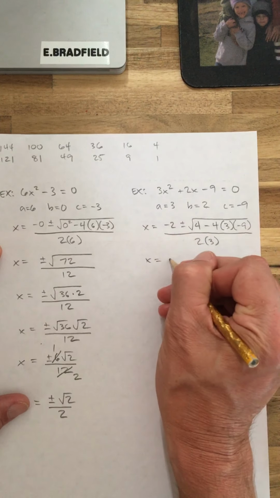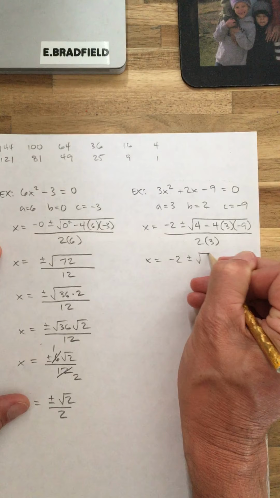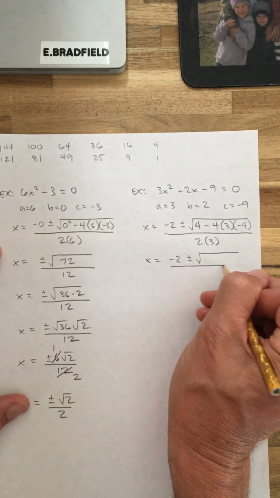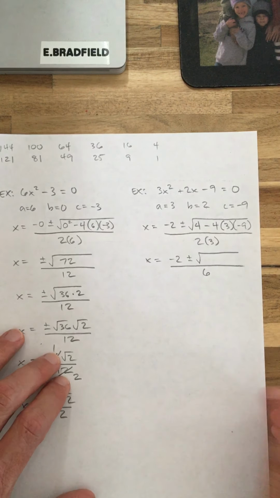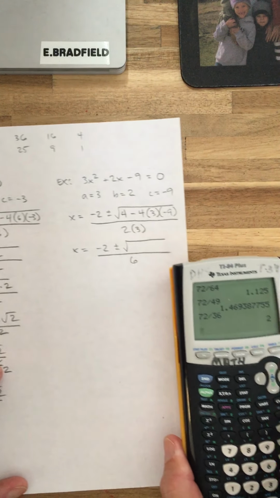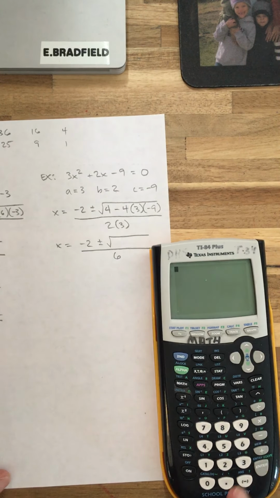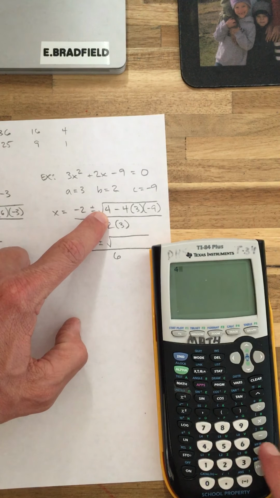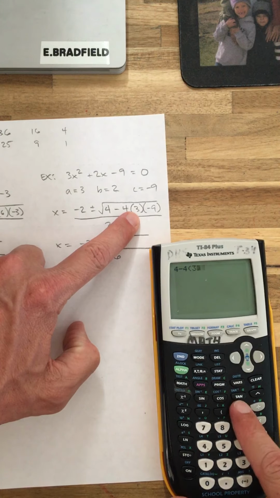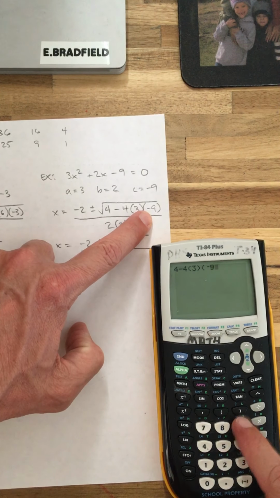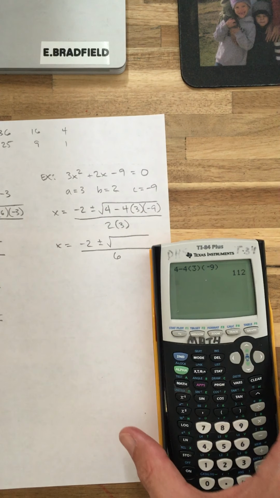X equals -2 plus or minus the square root, leave it blank, all over 2 times 3 is 6. Now let's plug that into your calculator. Clear it. You've got a 4 minus 4 parentheses 3 and a -9. Push enter. That's 112.